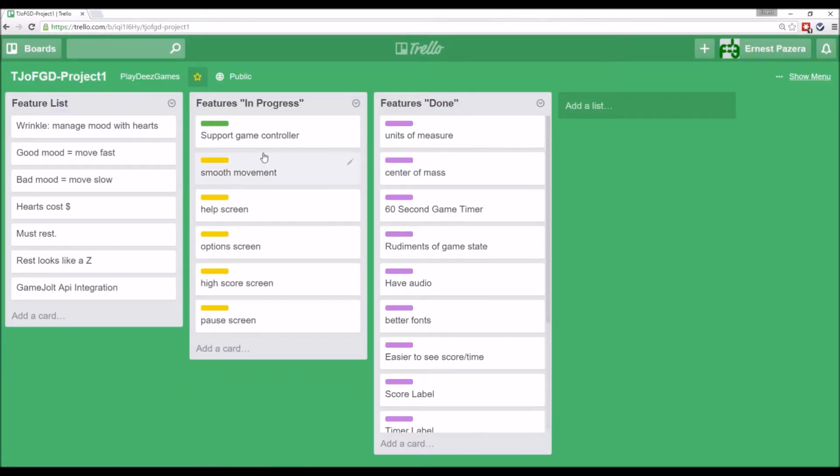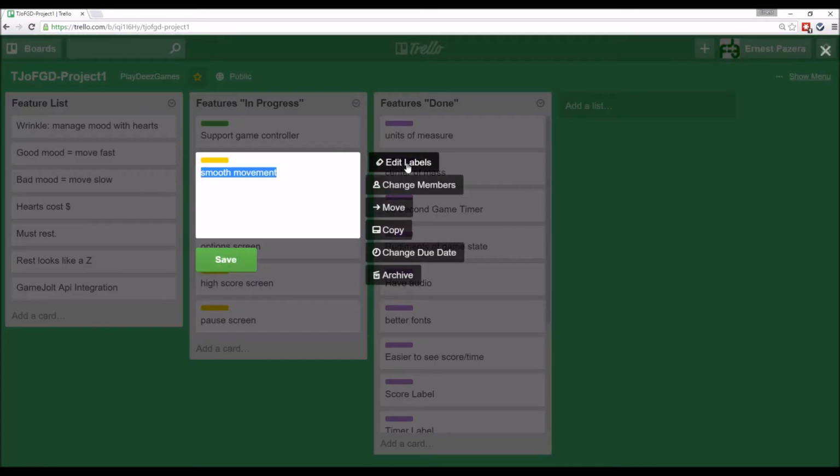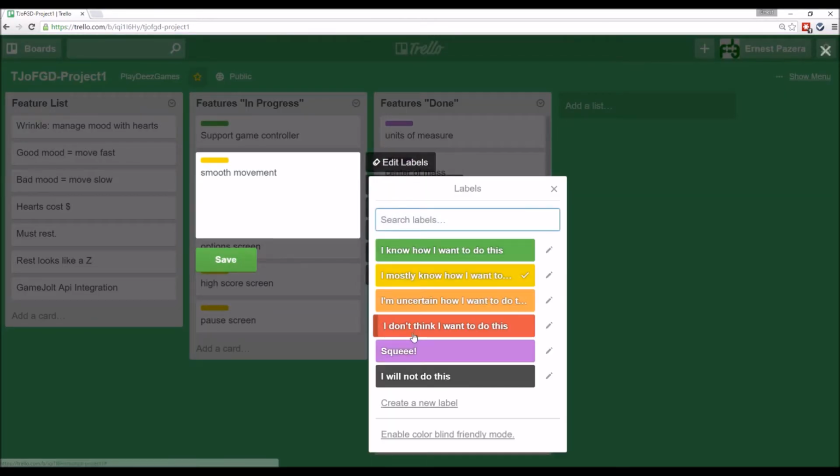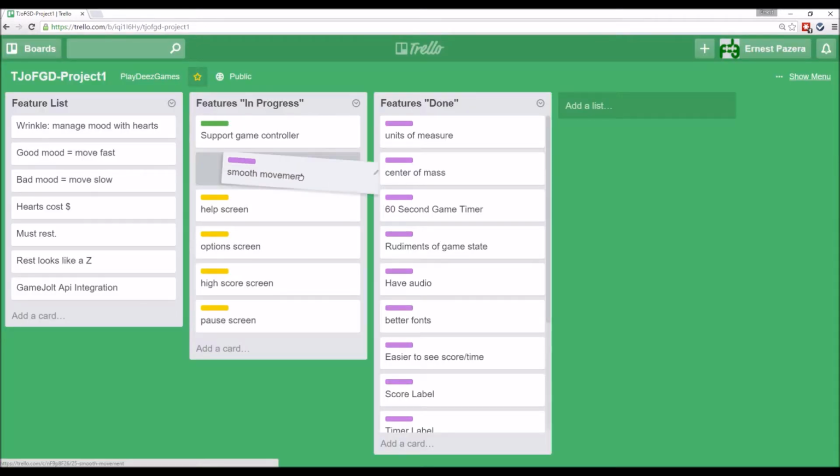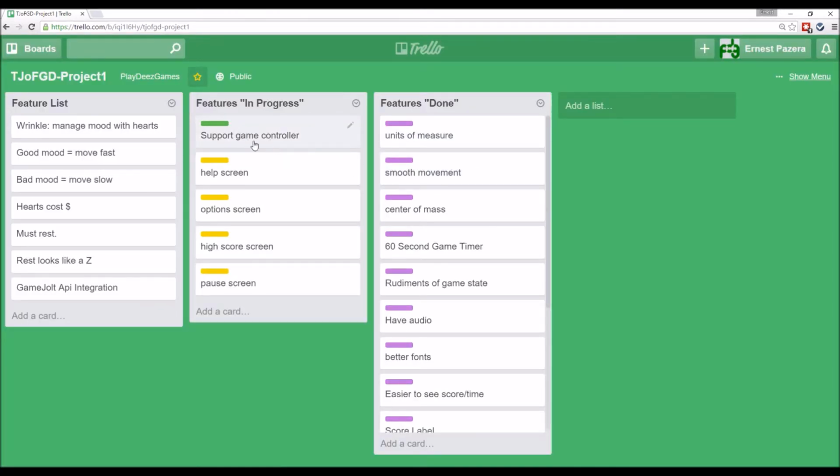Did that. Smooth movement. We're not completely done yet, but we got it in there. And I think we're going to be done for the day. This is good. We're getting lots of stuff done.